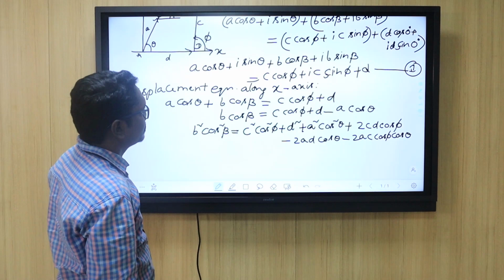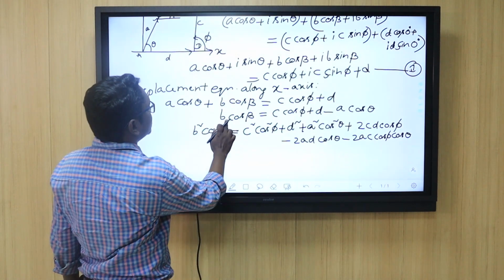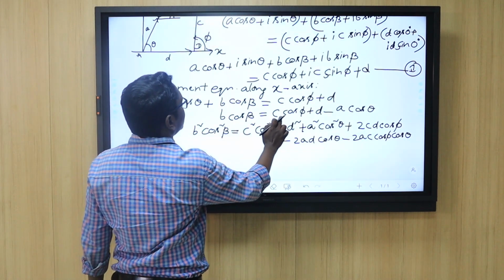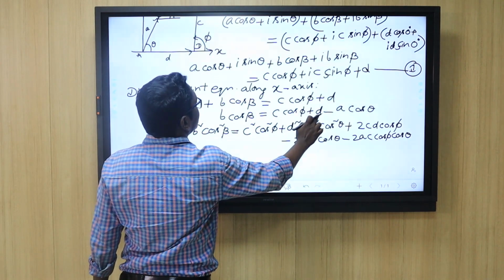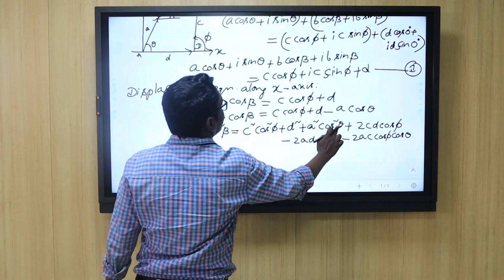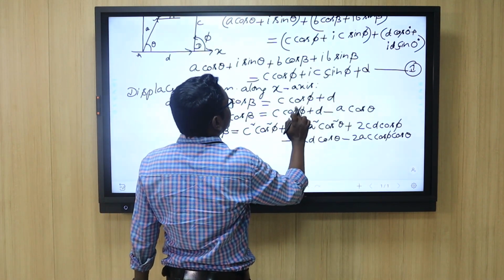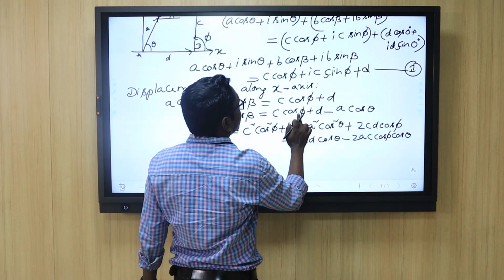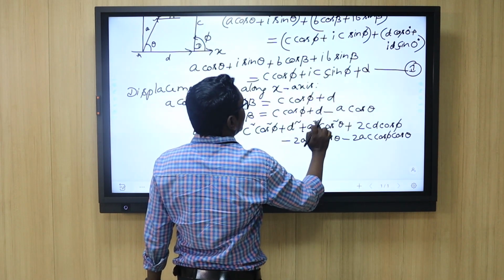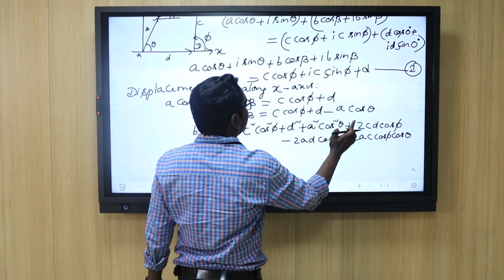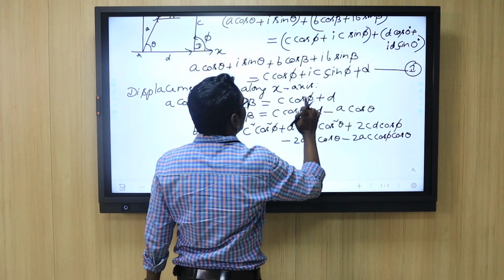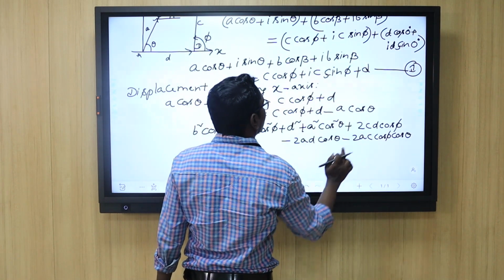So this is the equation we have obtained: b square cos square beta equals c square cos square phi plus d square plus a square cos square theta plus 2cd cos phi minus 2ad cos theta minus 2ac cos theta cos phi.